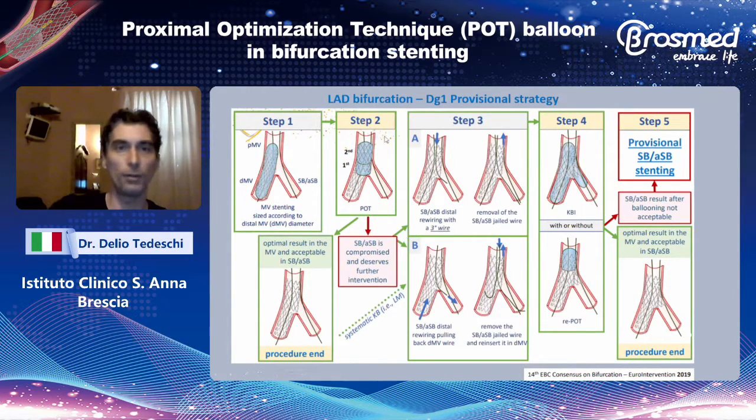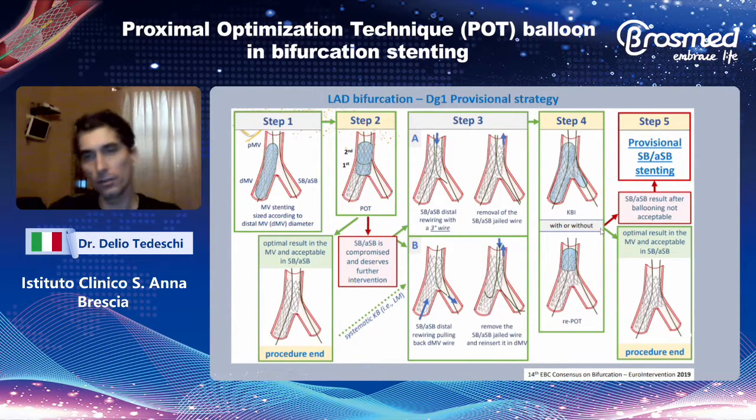After that, to perform the POT optimization post-dilatation and to do a rewiring using the pulling back technique as recommended from the Bifurcation Consensus, or sometimes we can use a dual lumen microcatheter. And after the rewiring, to perform, of course, a kissing balloon, and after the kissing balloon, a repot.